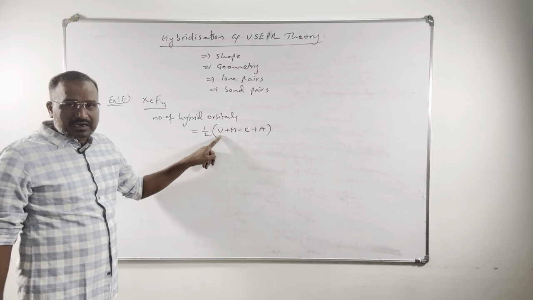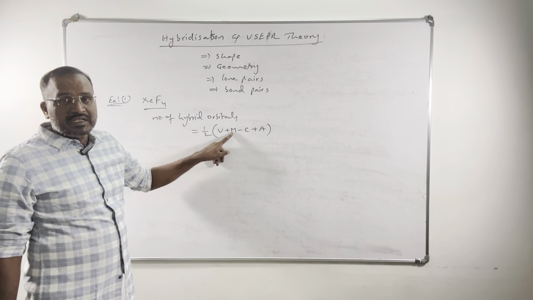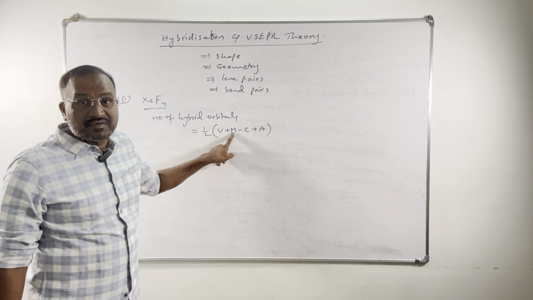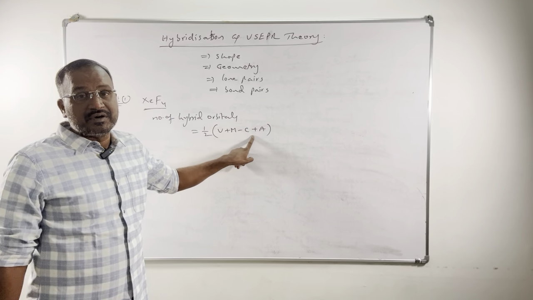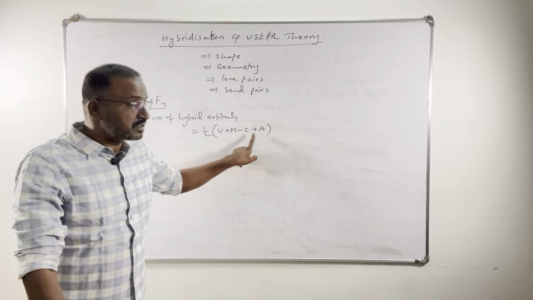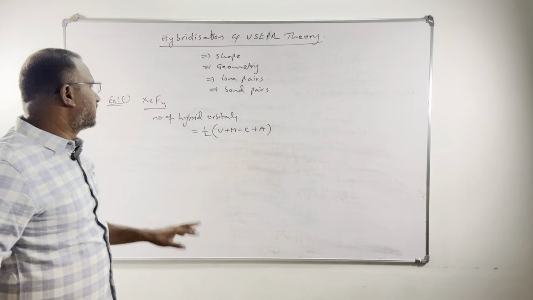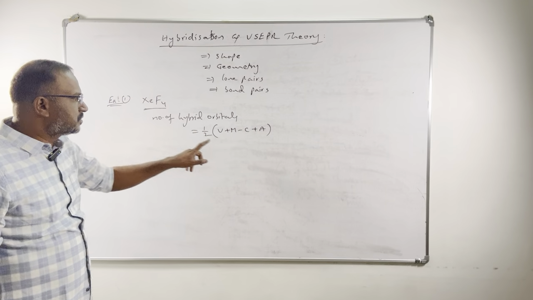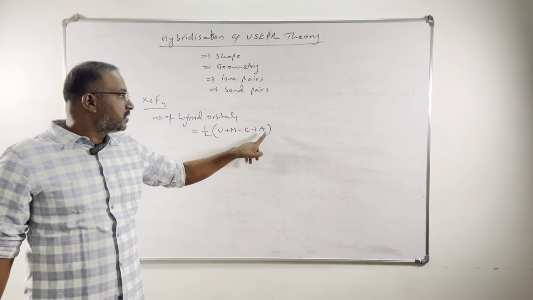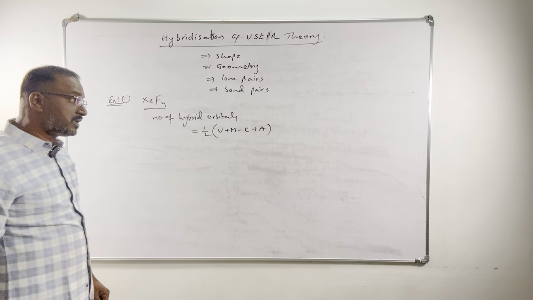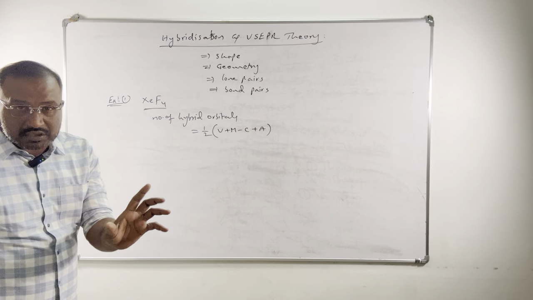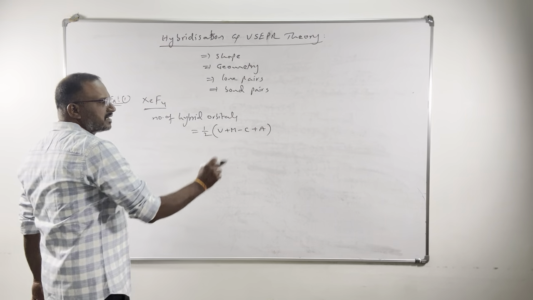Here V is the number of valence electrons in the central atom, M is the number of atoms forming single bonds only, C is the charge of the cation if it is a positive ion, and A is the charge of the anion if it is a negative ion. Here it is not an ion but a neutral molecule, so C and A are 0, and only V plus M is enough.